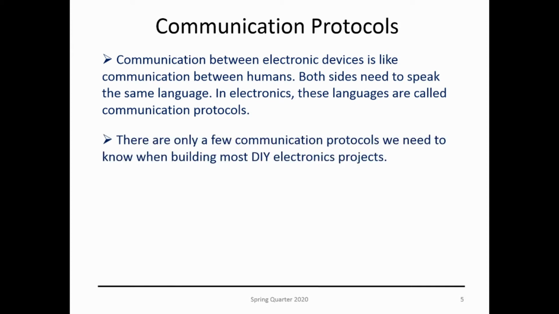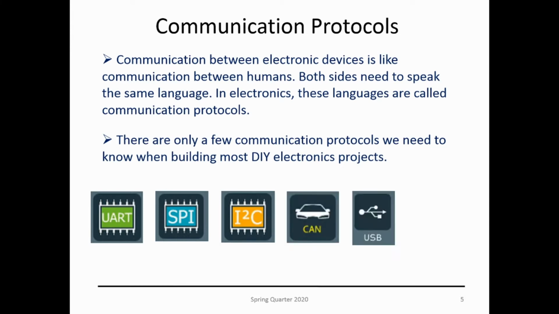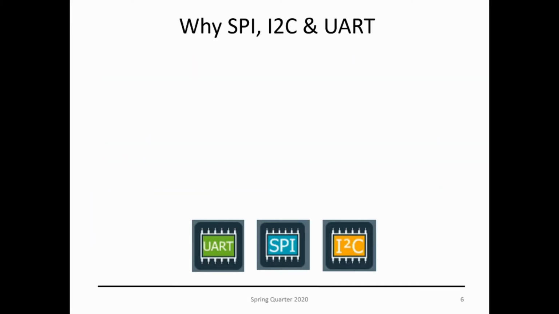There are only a few communication protocols we need to actually know when we build this type of embedded systems: UART, SPI, I2C, CAN, USB, and Ethernet. And we're going to focus on UART, SPI, and I2C. And why these three?